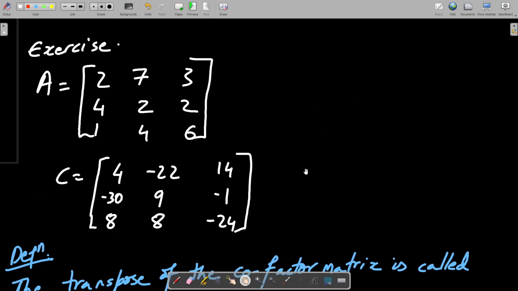So for this matrix, what is going to be the adjoint of A?